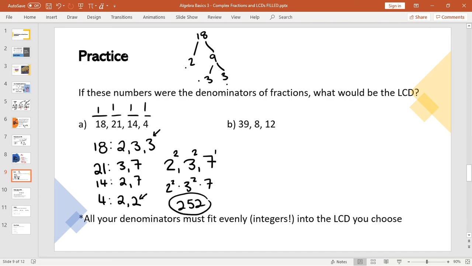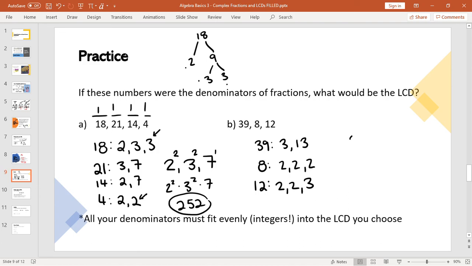Same thing. 39 is only 3 times 13. 8 is to the power of 2, 2 times 2 times 2. And 12 is 4 times 3, which is 2 times 2 times 3.